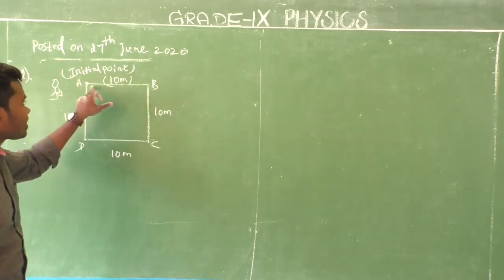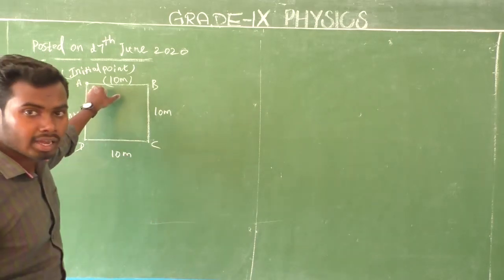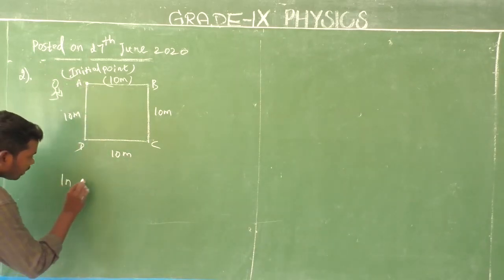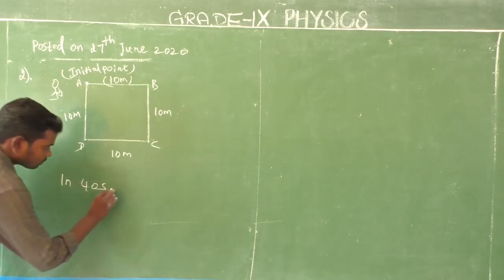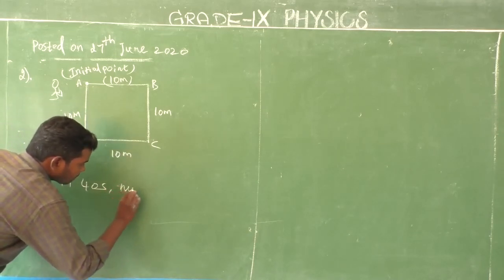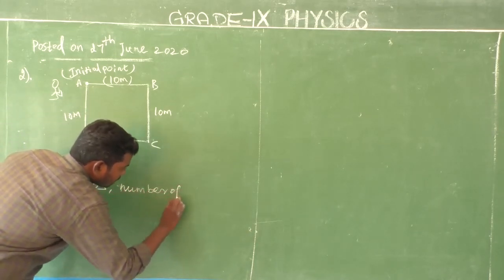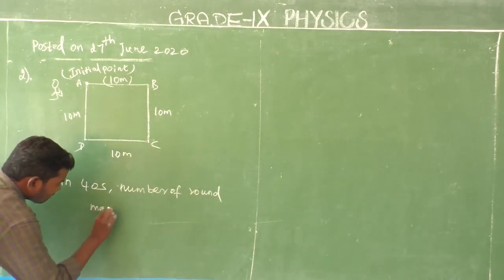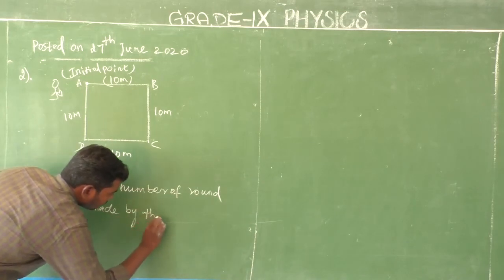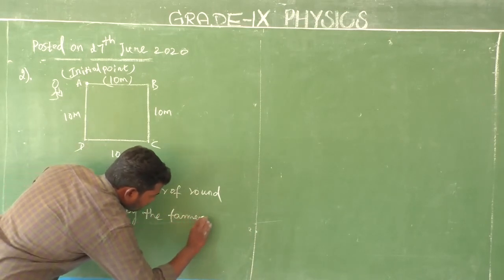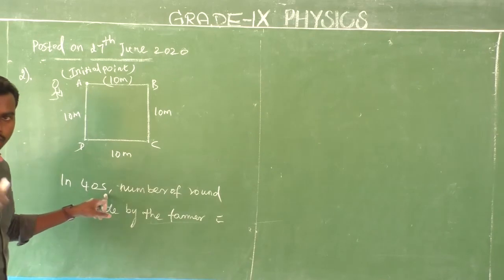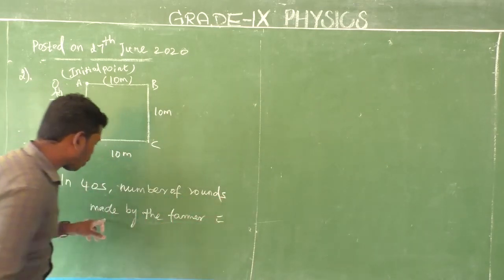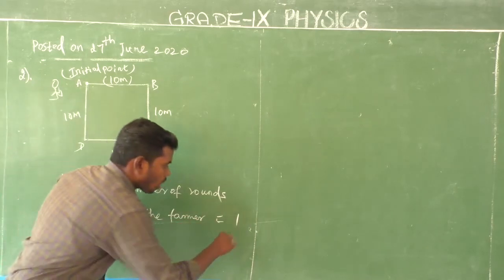Here the farmer has taken how much? 40 seconds. So in 40 seconds, the number of rounds made by the farmer is 1.